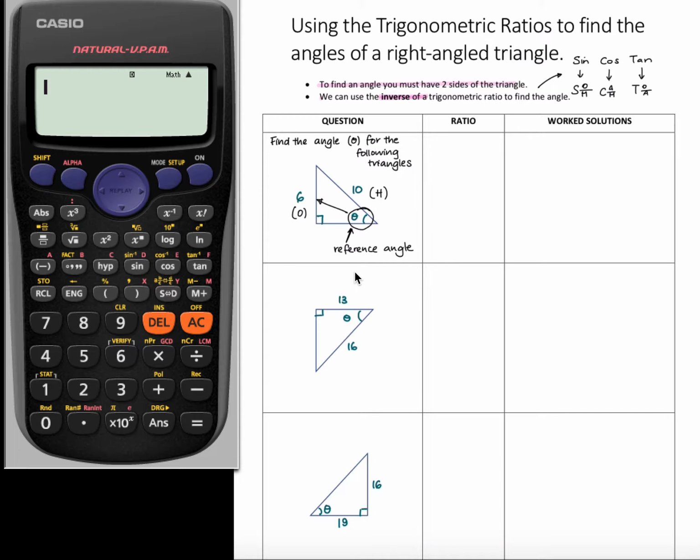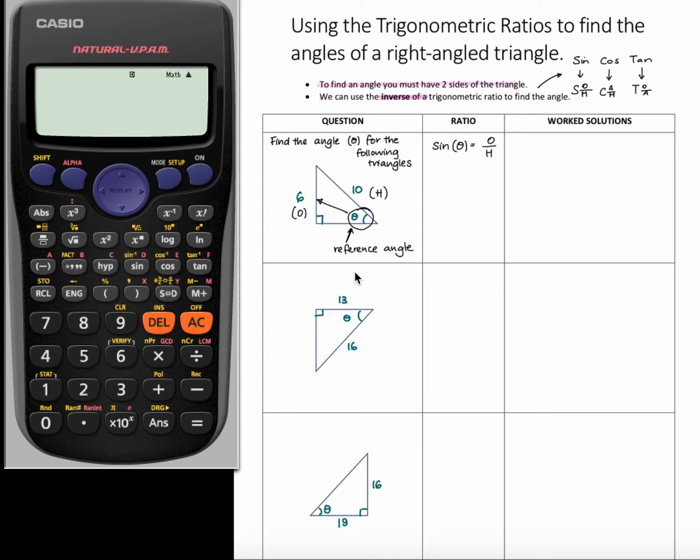Now, which ratio aligns with the information we've been given: an opposite length and a hypotenuse length. By process of elimination, the ratio we're after is sine, which says that sine of theta is equal to the opposite over hypotenuse.